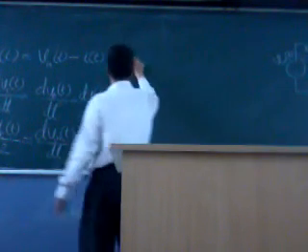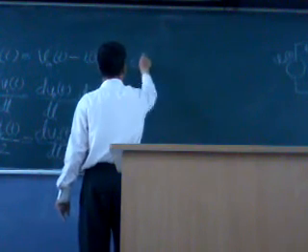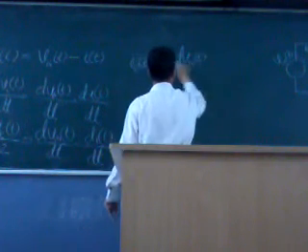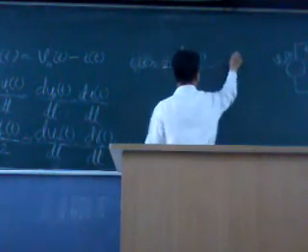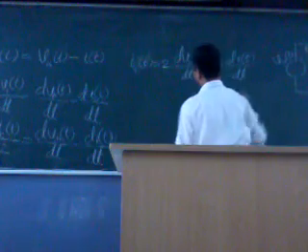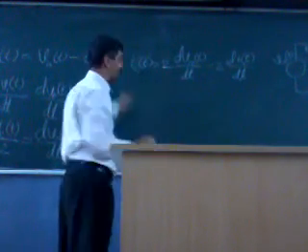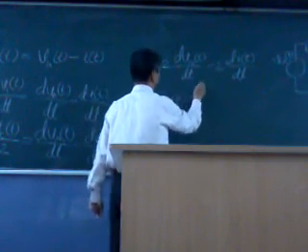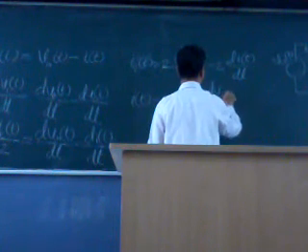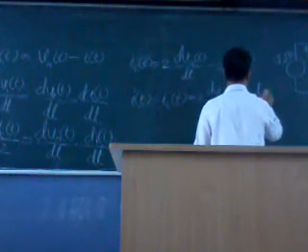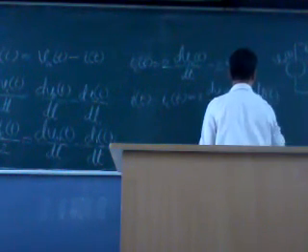This is I_C(t). So I_C(t) is equal to 2 dV_in(t) upon dt minus 2 dI(t) upon dt. What is I_C(t) now? I(t) minus I_L(t) is equal to 2 dV_in(t) upon dt minus 2 dI(t) upon dt.